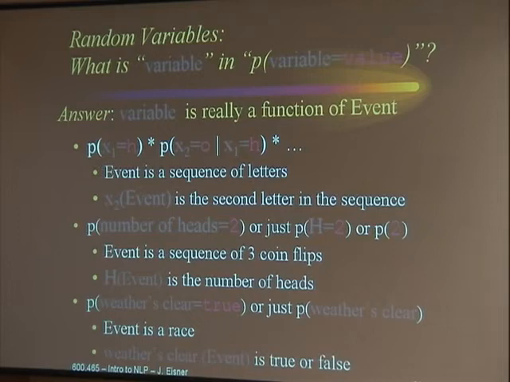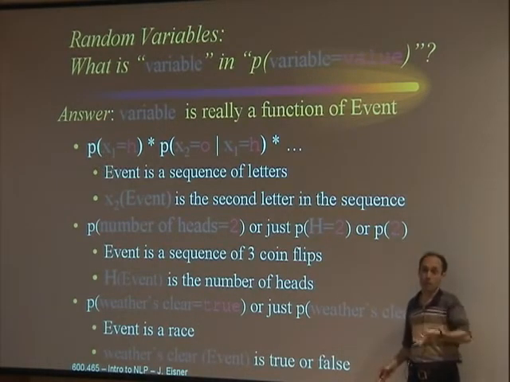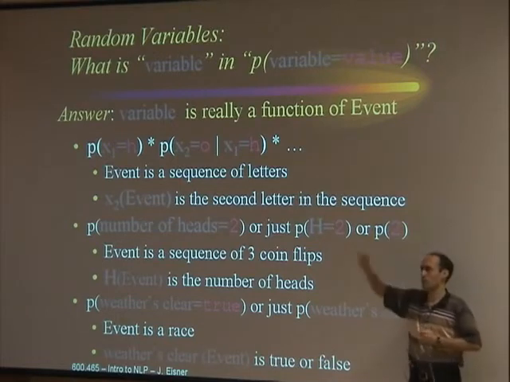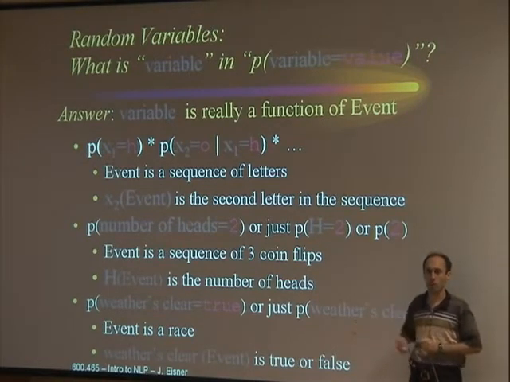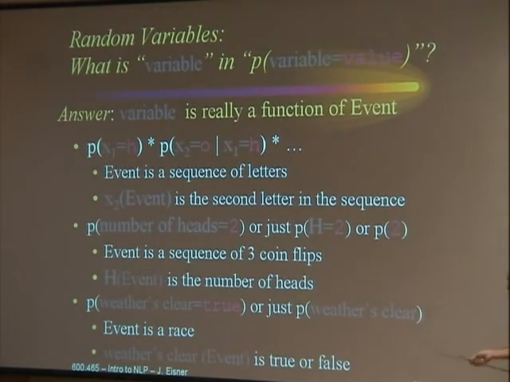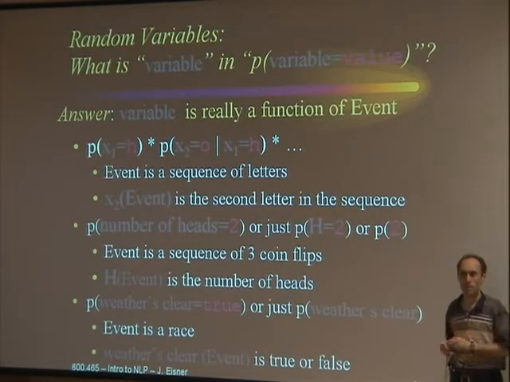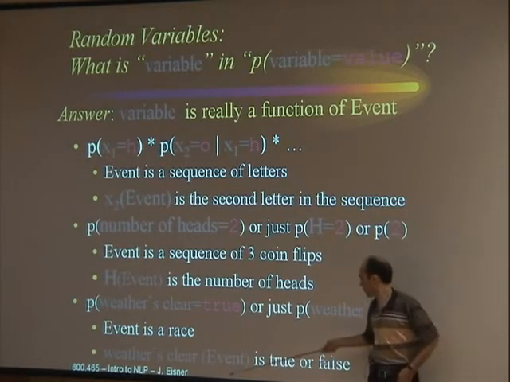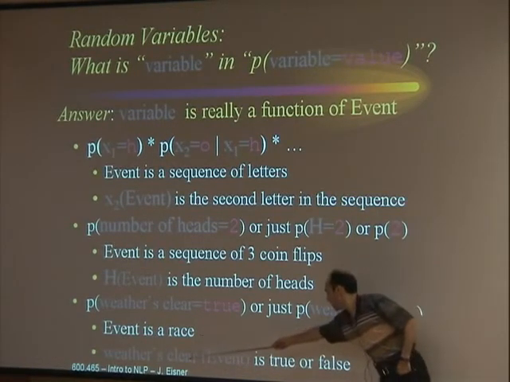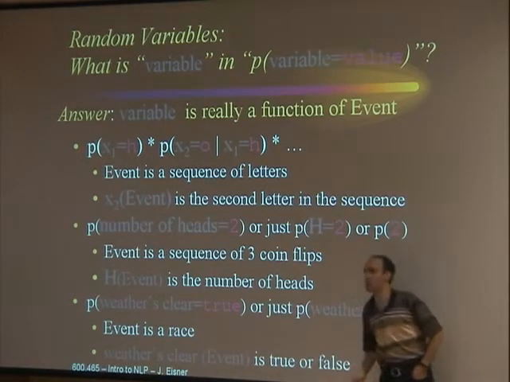One nice thing about the notation is that here we've said that the events are races, but we could get more complicated and say that the event was some even more complicated state of the world, and we could still pick facts out of it. Ask what the value of this function is on the state of the world. So we don't really have to commit usually to what the event space was. We only have to commit when we're working out our models to what things we have to be able to compute of the events.